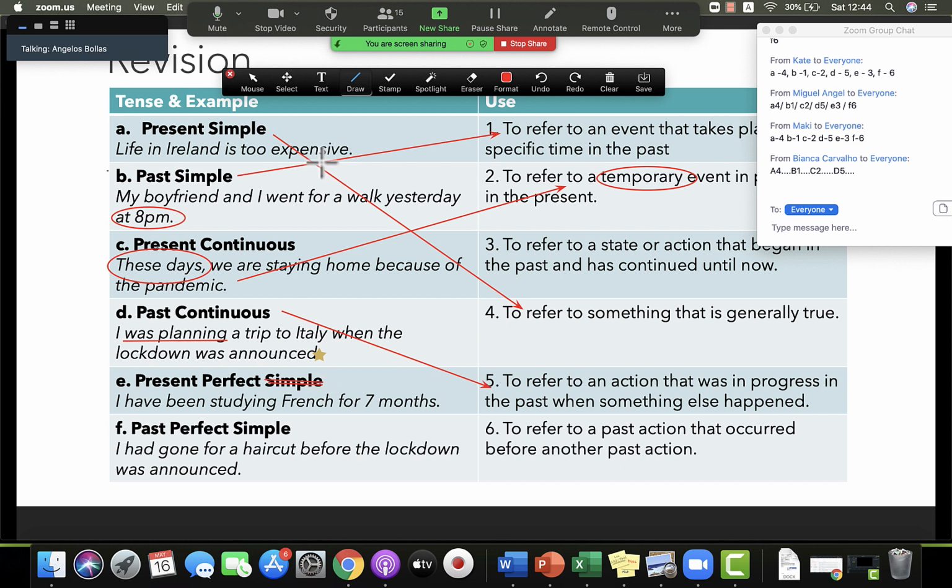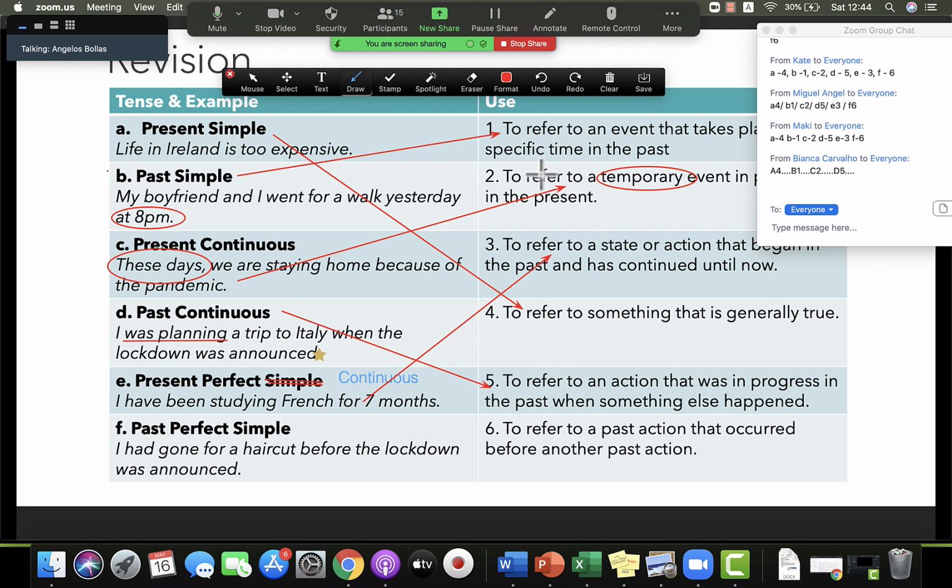Present perfect continuous, exactly. And the correct answer here is which one? Number 3. Again, we see with the present perfect, simple or continuous, what we see is something that starts in the past and continues until the present time.